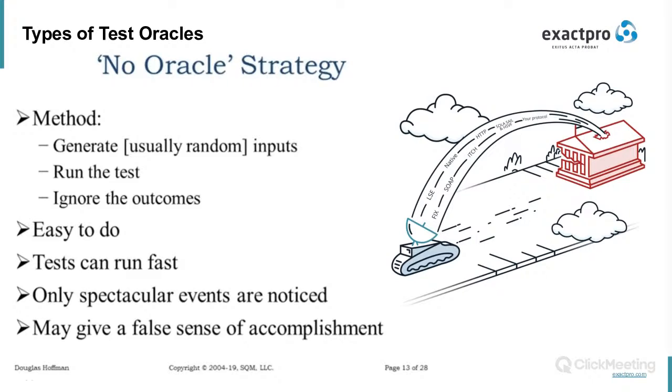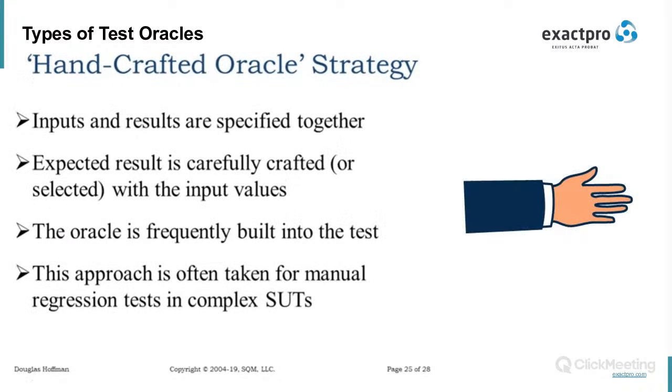So we do not care what will happen with it. But no oracle sometimes is a close approximation to what can happen in non-functional testing, where we can only notice particular degradation or spectacular events. And if we are not checking the data, it is very likely to fall under the no oracle strategy.